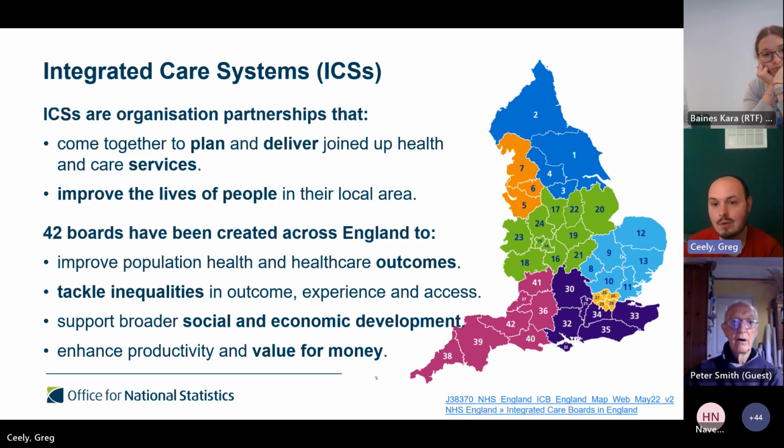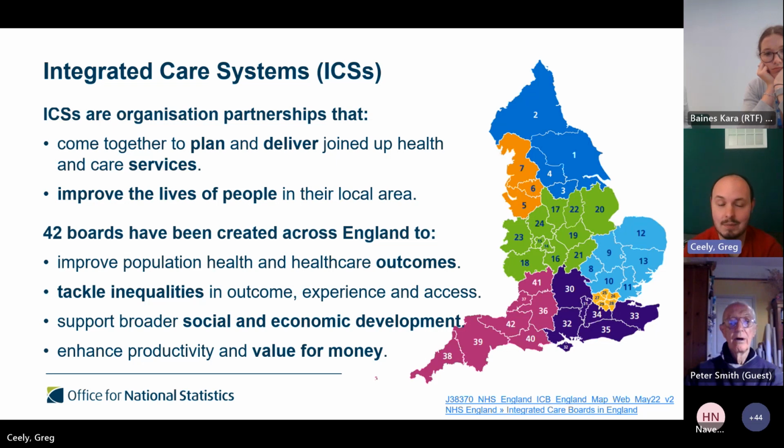Integrated care systems are quite a new addition to health geographies. They've only been set up in recent years, and it's one of the geographies that the Health Index presents. And I believe that the Health Index is one of ONS's first outputs which presents results at integrated care system level.